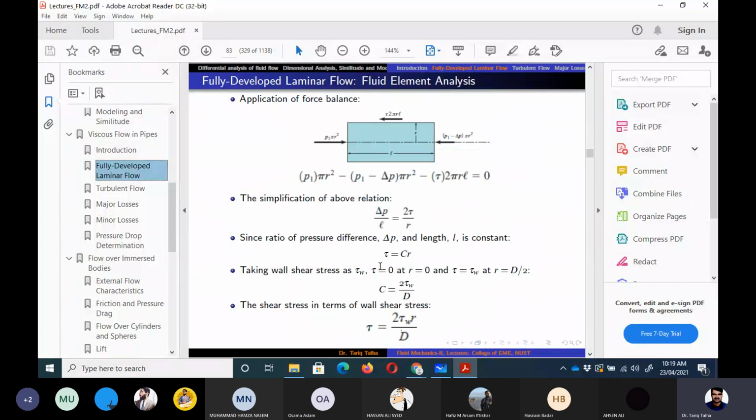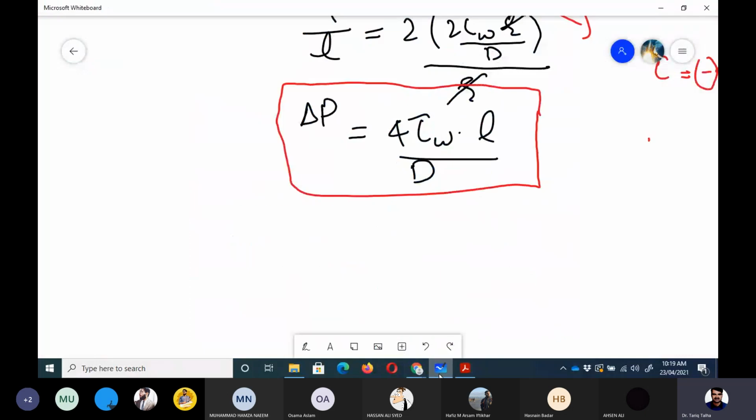And the last thing we discussed was how to relate delta p with tau omega. We only need to put the tau value in this equation, and we come up with the relation delta p is 4 tau omega L upon d.